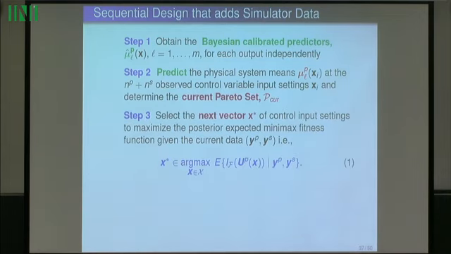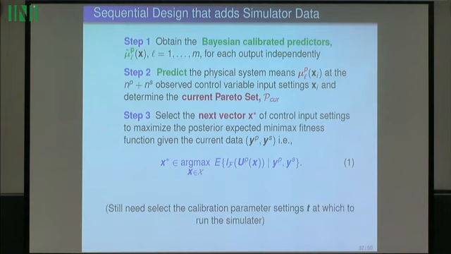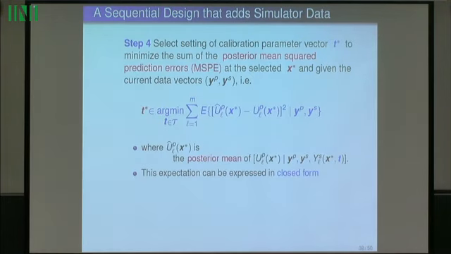Then we're going to look for the next control vector to try and improve the Pareto front and the Pareto set. And if this is going to be done from the simulator, if we've chosen the x, we also need the heat transfer coefficient settings. So we're going to get those by minimizing the sum of the posterior mean square prediction errors here.